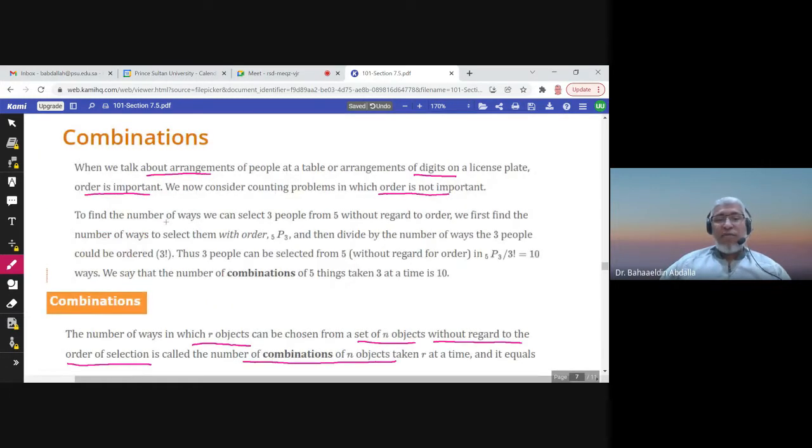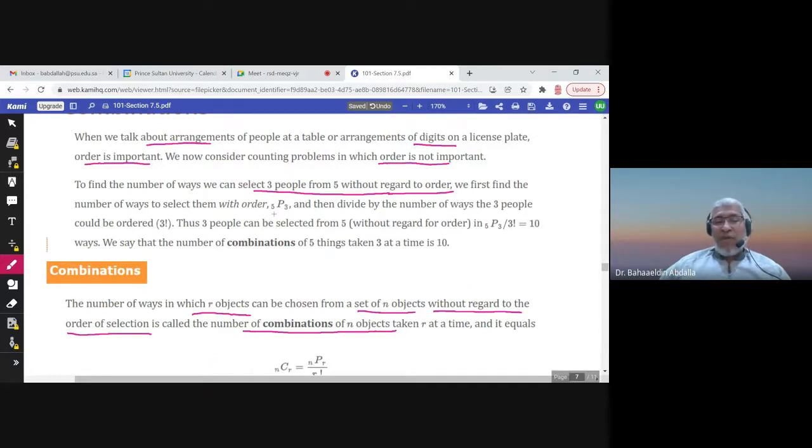For example, to find the number of ways we can select 3 people from 5 without any order. 5P3 would be the number of ways of selecting 3 out of 5 with order.